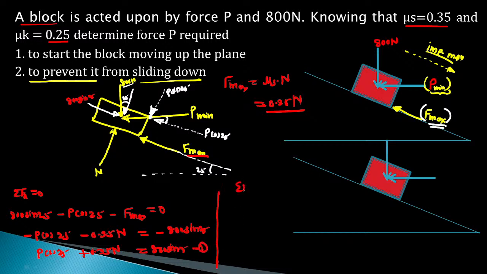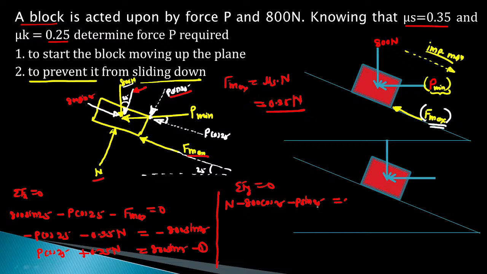Now, write summation Fy. For summation Fy, normal reaction in the positive y direction, and this y component of the 800 is 800 cos 25, so minus 800 cos 25, and minus P sin 25, and this is equal to 0.